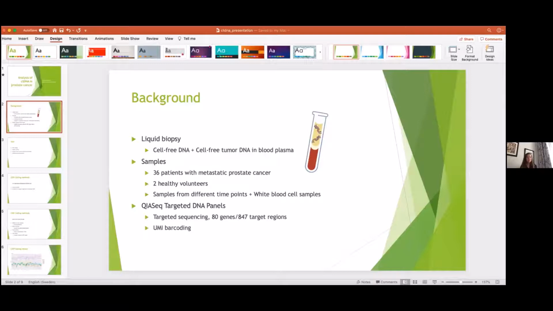And DNA molecules were barcoded by UMIs, unique molecular identifiers, before the amplification steps of PCR to make it possible to differentiate between PCR duplicates and true variants. So targeted DNA molecules were tagged by UMIs.